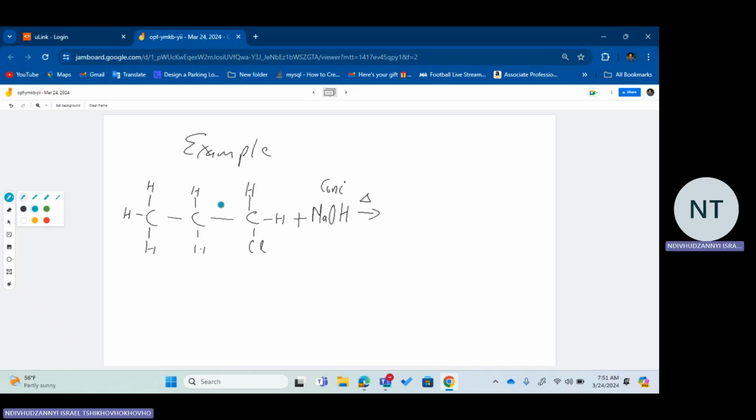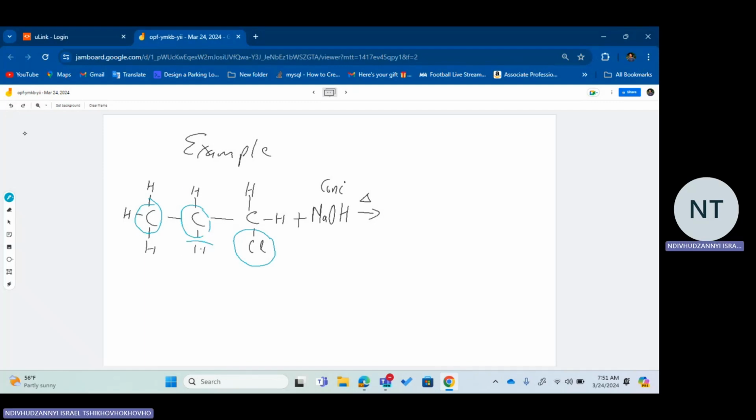It says that the carbon with the least number of H atoms loses an H. So already we know that we are going to lose Cl to form salt. Then checking other carbons, which is carbon number 2 and carbon number 3, you can see that the one with the least number of H atoms is the second carbon. Then it will lose an H, right?